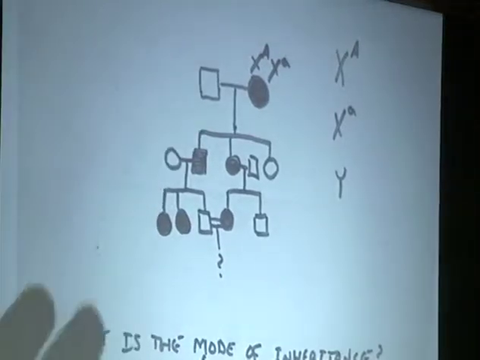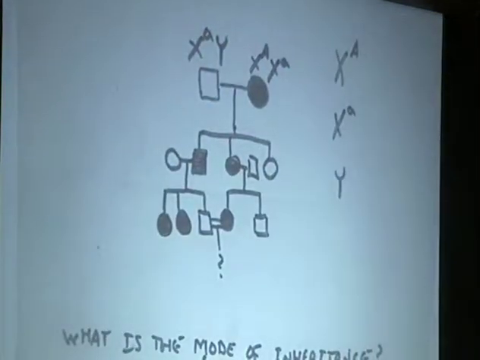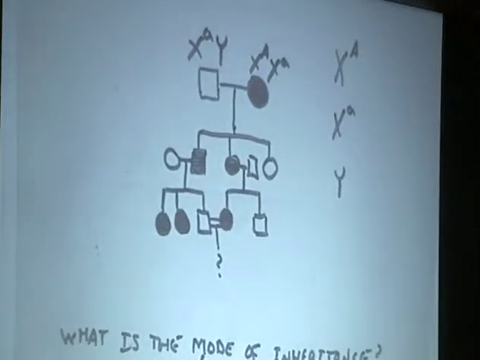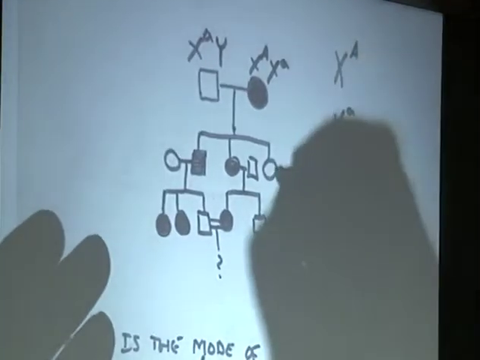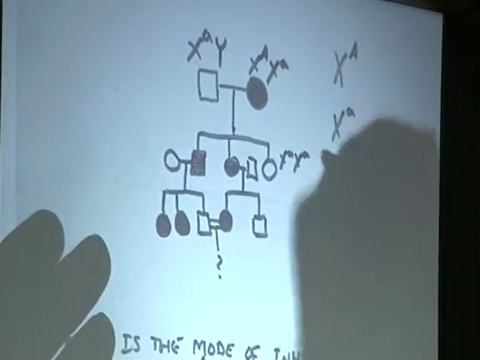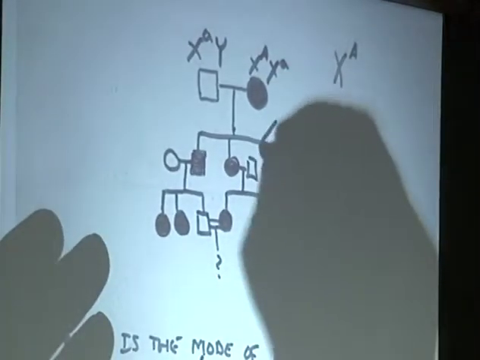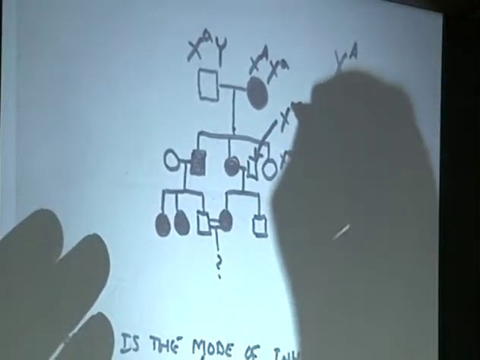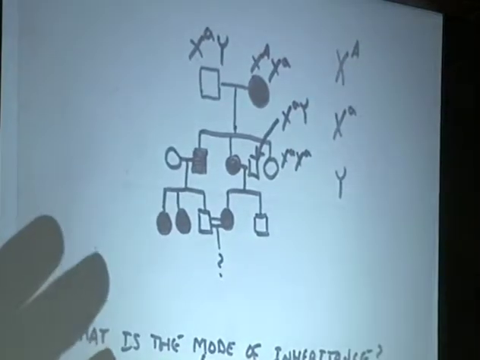This male would be X little a Y. Right? He does not show that dominant trait, therefore he must be carrying the recessive allele. In the next generation, this female over here on the far right is X little a, X little a. This male here is X little a Y, because he does not show the trait.